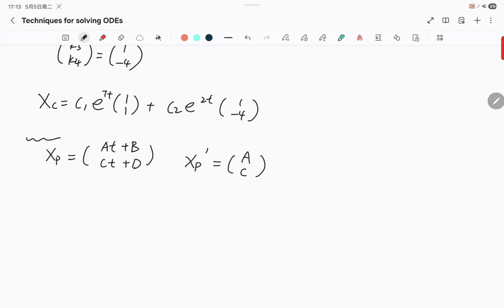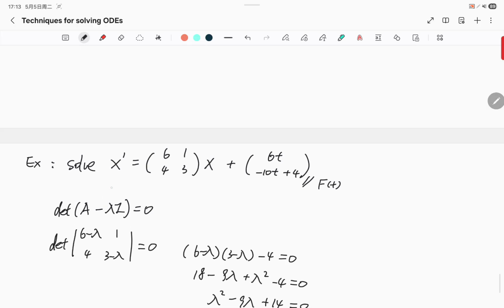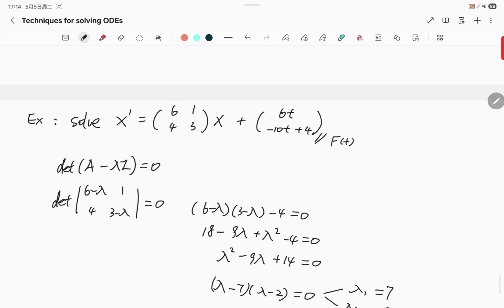So now we put everything together and write it in this form. The derivative is equal to Ax plus f of t. What is A? It's the matrix 6, 1, 4, 3.